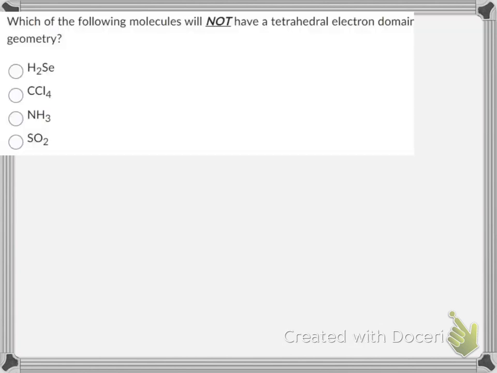So which of these molecules do not have a tetrahedral electronic domain geometry? Some of them are fairly straightforward to identify, others are a little bit more difficult. Remember, when we see selenium, I'm asking you to climb the column: selenium is like sulfur, but sulfur is like oxygen.